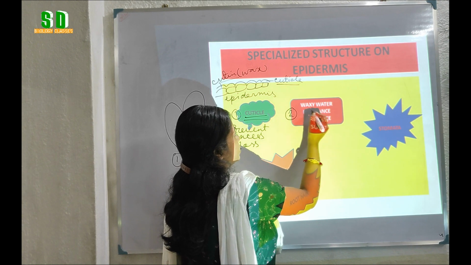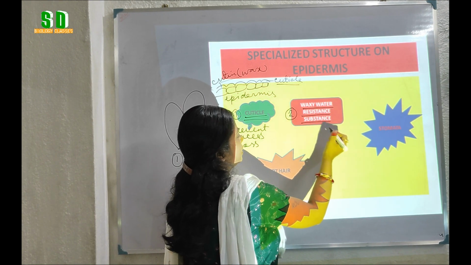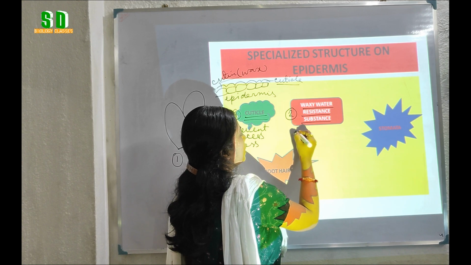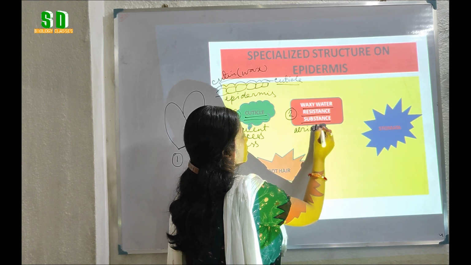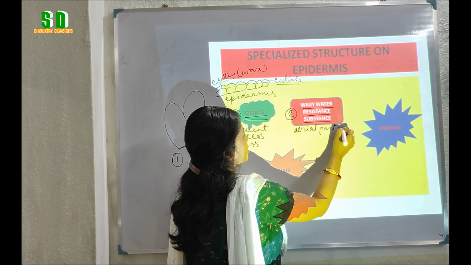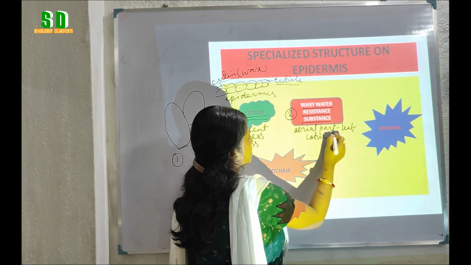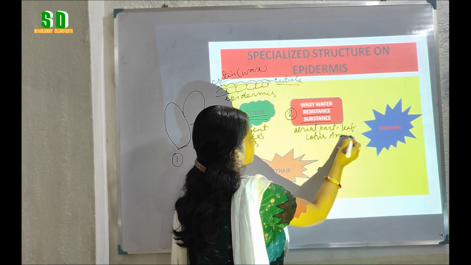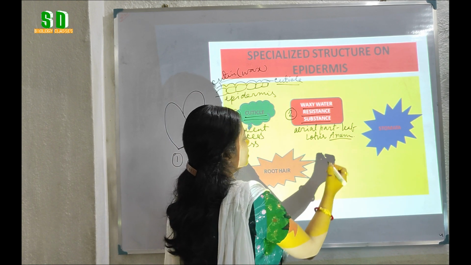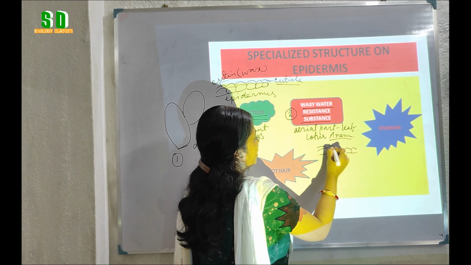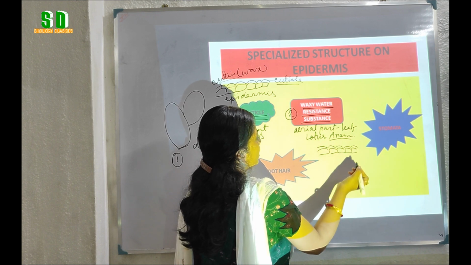Another specialized structure that we can see in the epidermal layer is the presence of a waxy, water-resistant substance on the aerial parts of the plant, like the leaf, as in the lotus plant and the arum plant. There we can see that the outermost epidermal layer is covered by a wax-like substance.